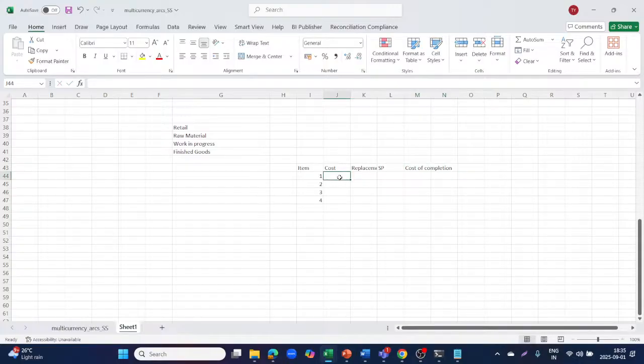Cost, suppose it's 17, then 75, then 30, and then 27. Replacement, you will get 21, 40, 62, and 18. Selling price will be 17, 51, 71, 28. Cost of completion will be 2, 6, 25, and 2.